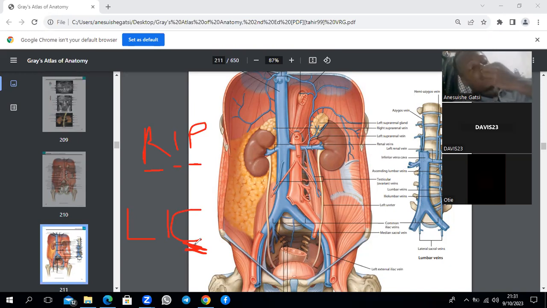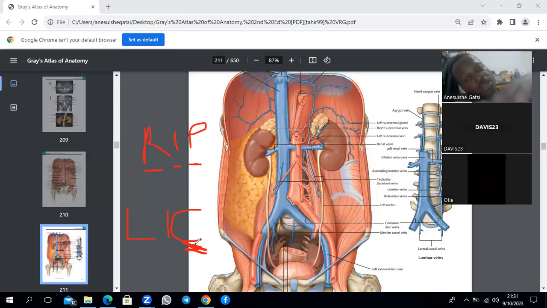The right suprarenal vein, the right testicular vein and the right ovarian vein drain into the IVC. Then the left ones will drain into the left renal vein. So left testicular, left suprarenal, and left ovarian drain into the left renal vein. Right. So 1 vein, but 3 arteries.